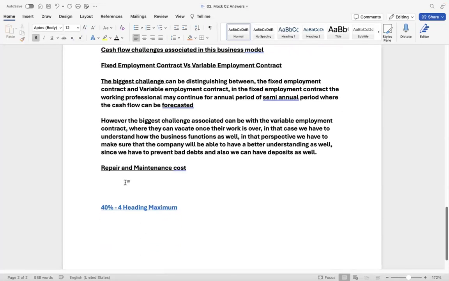So I'll write down here, students, the repair and maintenance can be another factor to be considered.